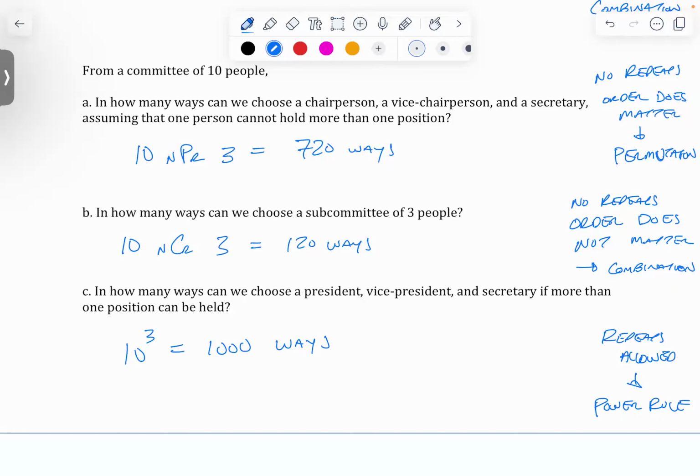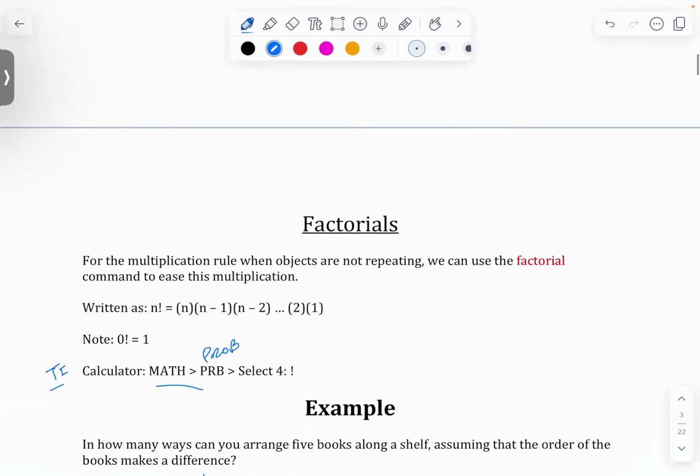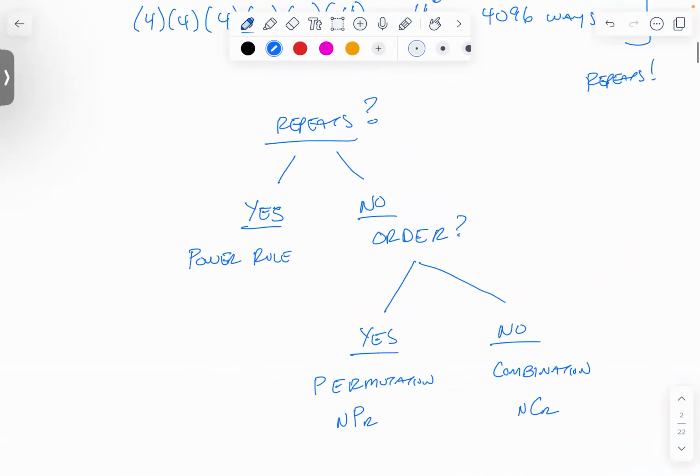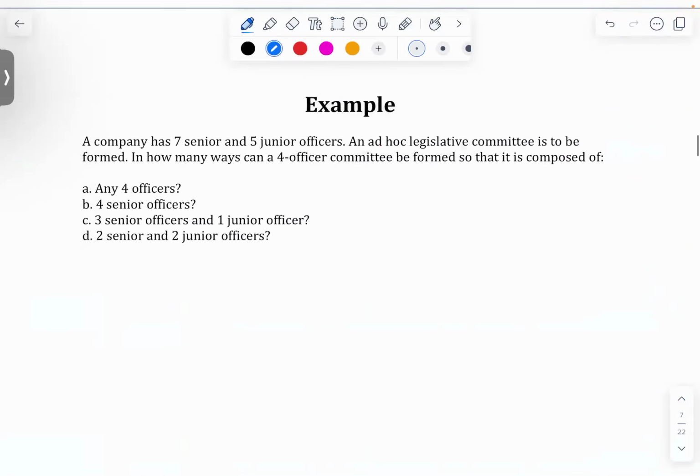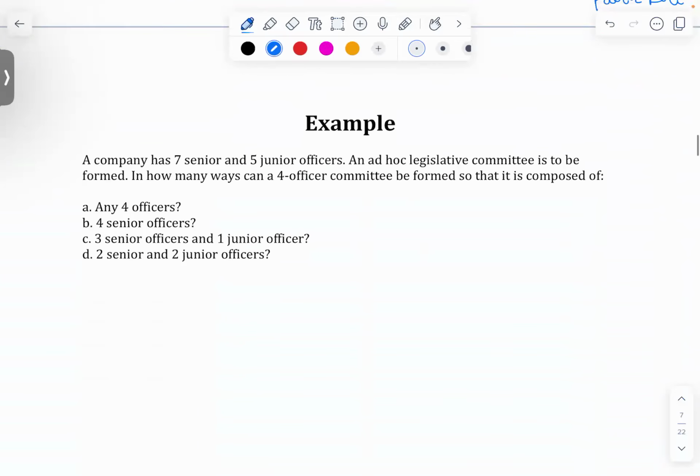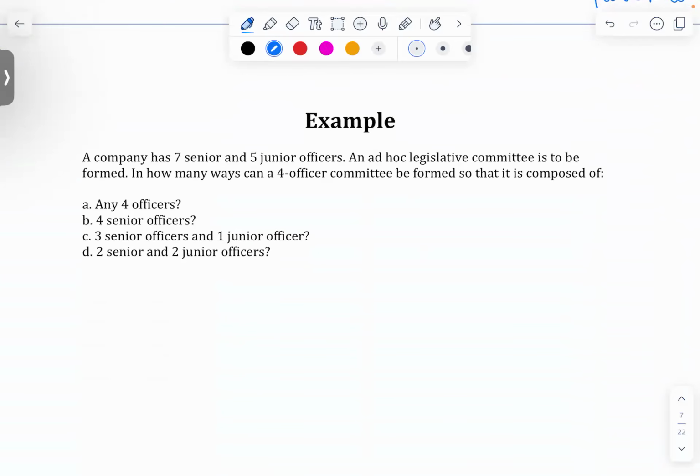So notice, this actually went through every possibility of this chart.